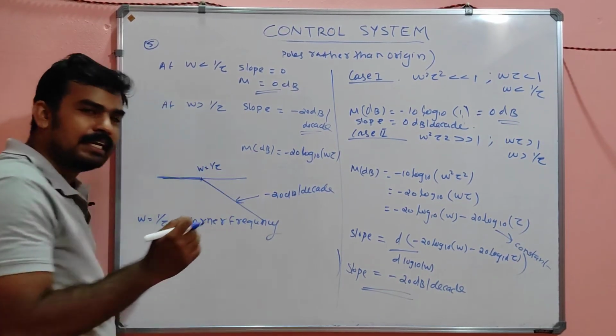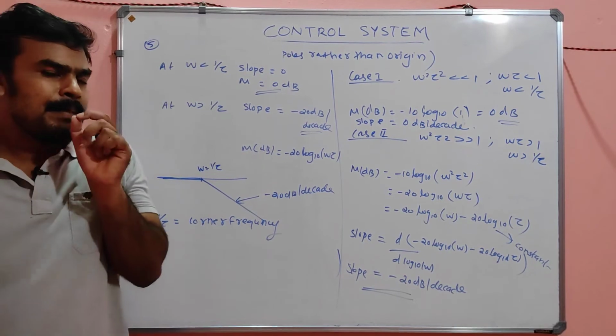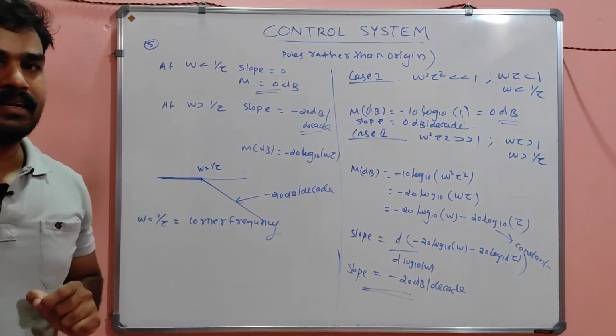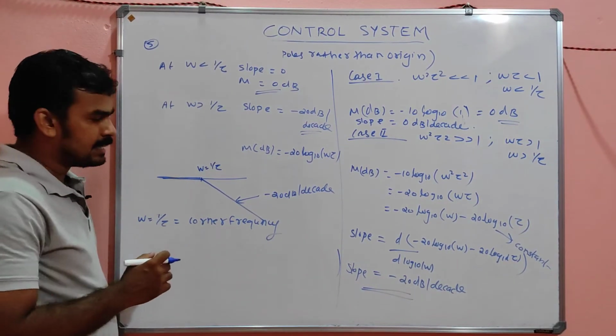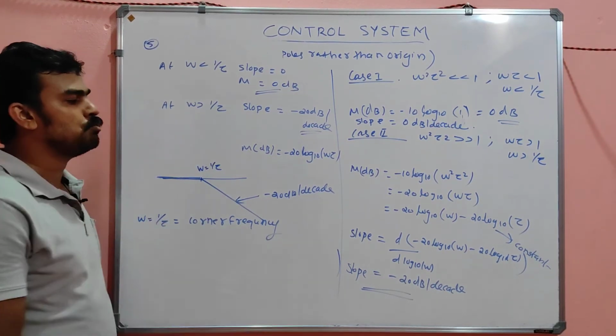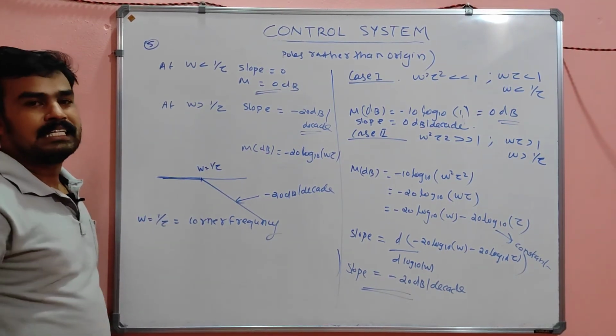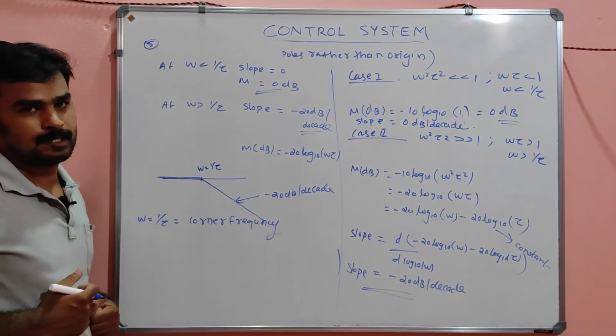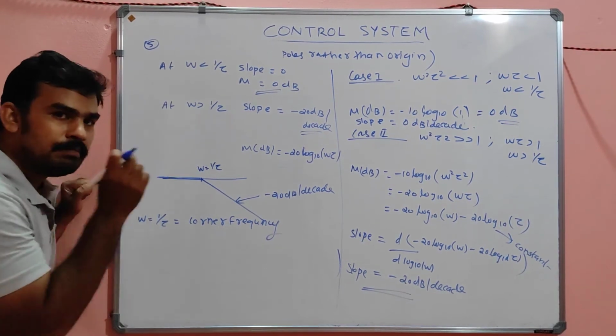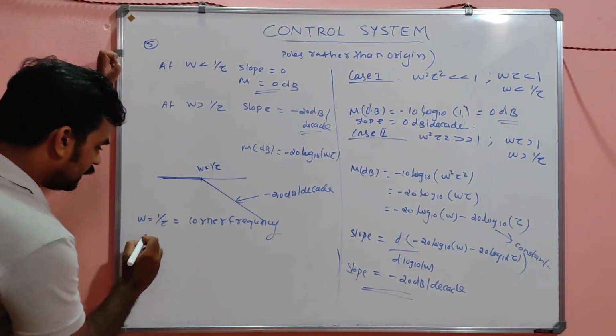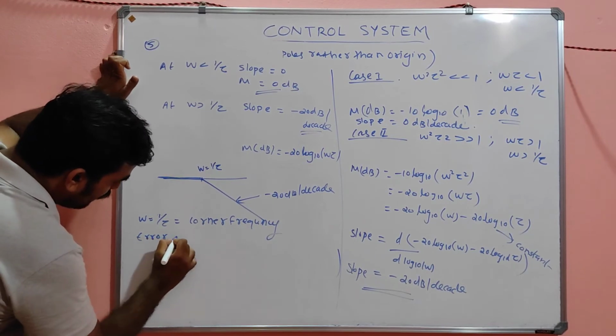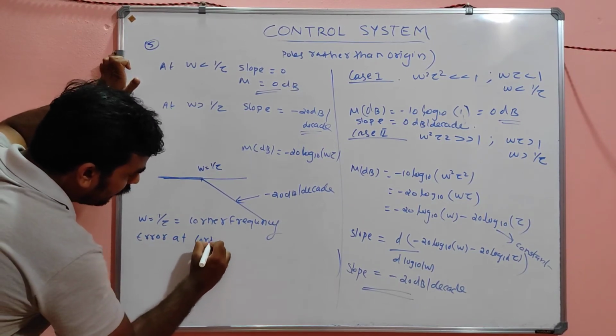There the slope changing happens. But that slope change, my dear, is not exactly from 0 directly to minus 20 dB per decade. There is some error. That means at omega equal to 1 by tau, you can write the error at the corner frequency.